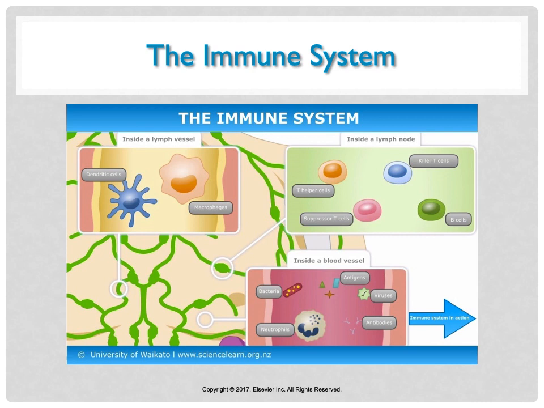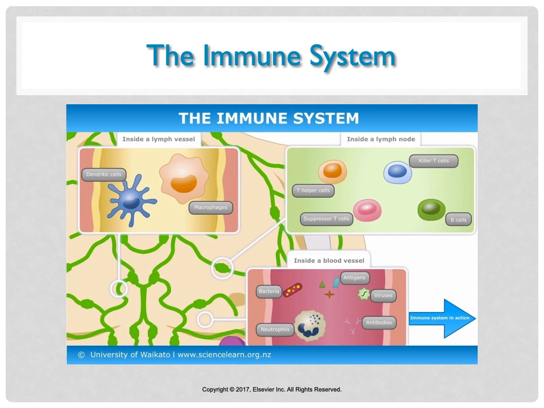The killer T cells, or the cytotoxic T cells, destroy pathogen-infected cells by shooting an enzyme into them. And this makes the cells break into small pieces that can be eaten up by the nearby macrophages. And the B cells, when stimulated by the presence of a particular antigen, mature to become antibody factories known as plasma cells, which release antibodies specifically to target that antigen.